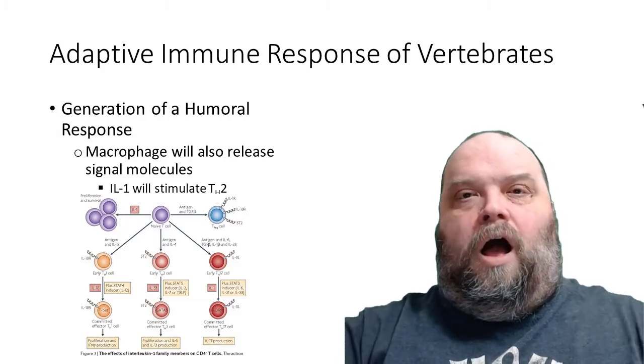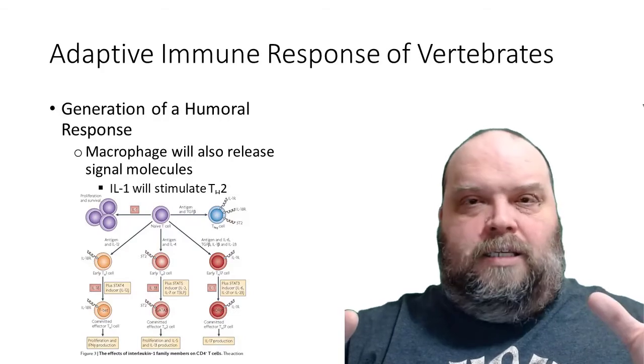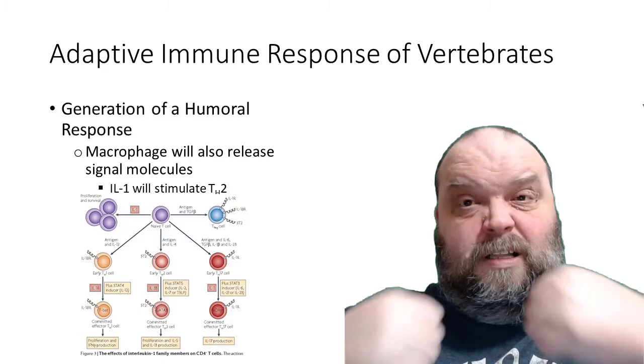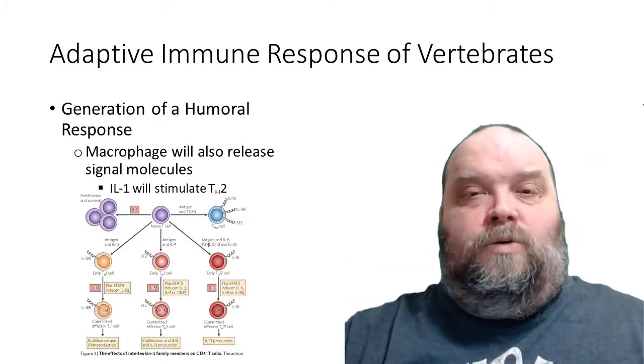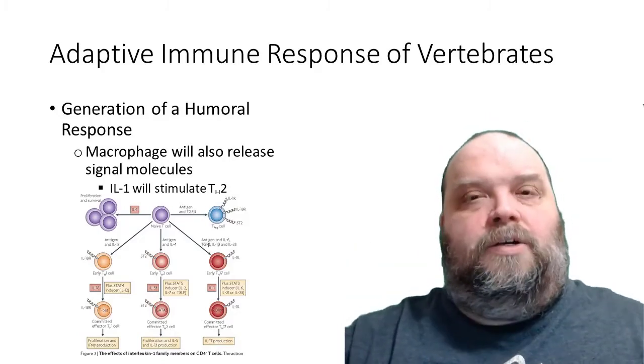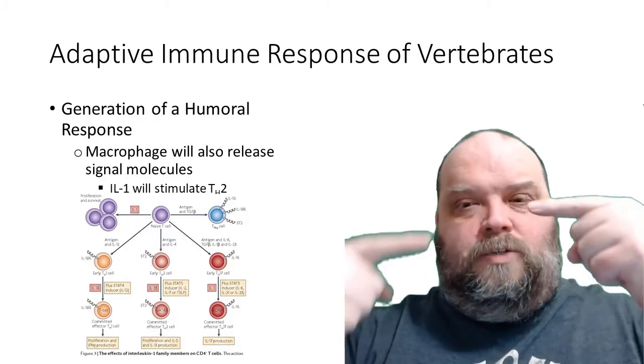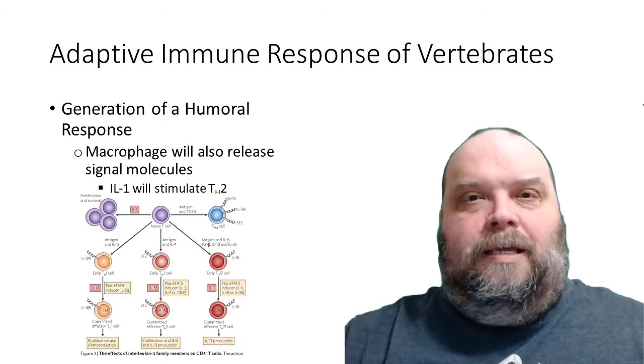IL-1 will make all T cells that it comes in contact with start proliferating, specifically the one that's bound to the APC, the macrophage. So one T cell interacts with one macrophage.